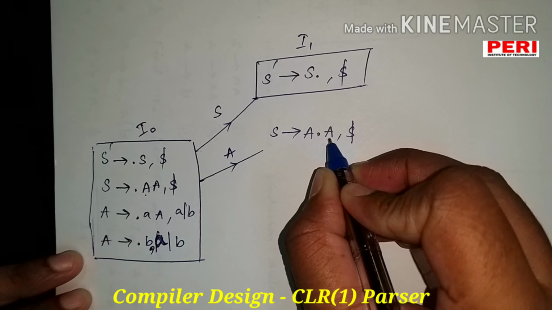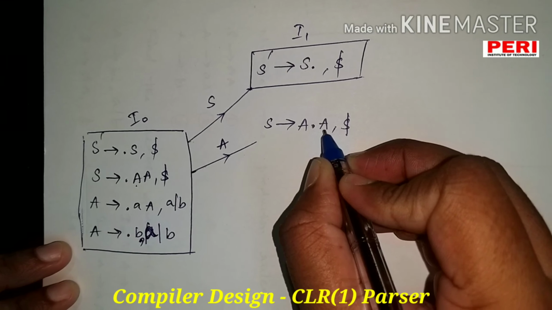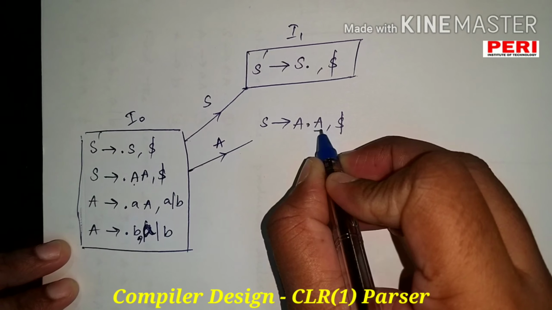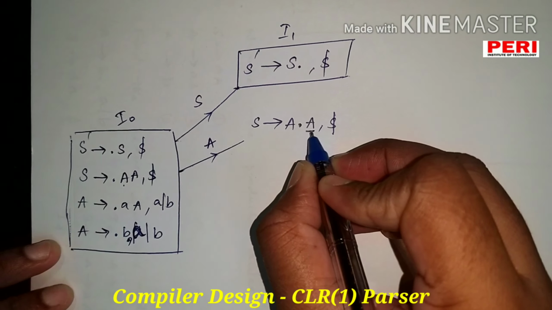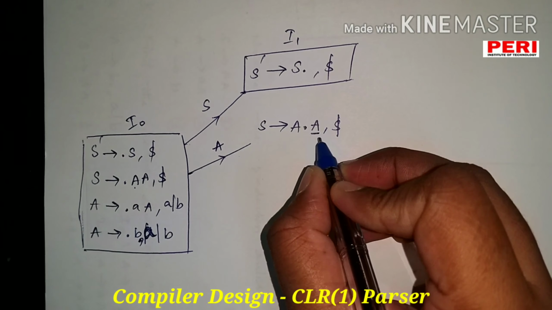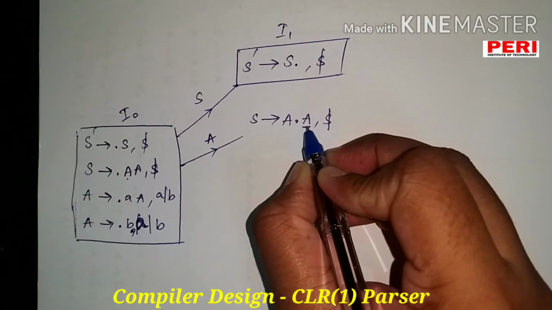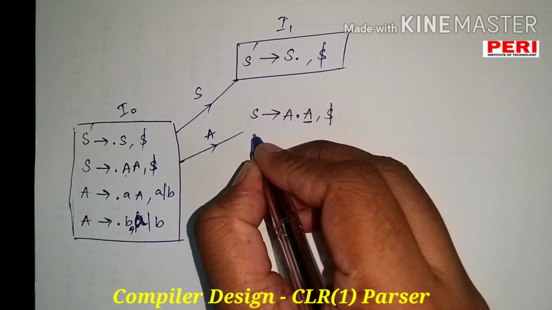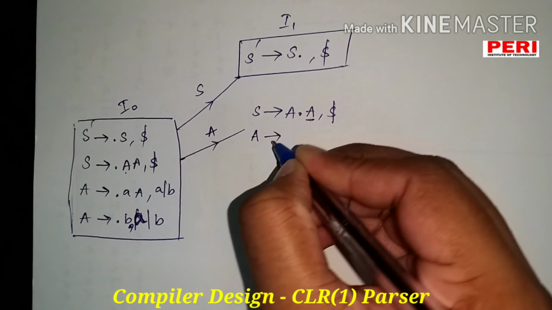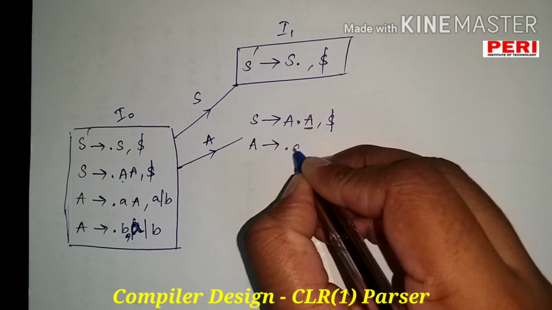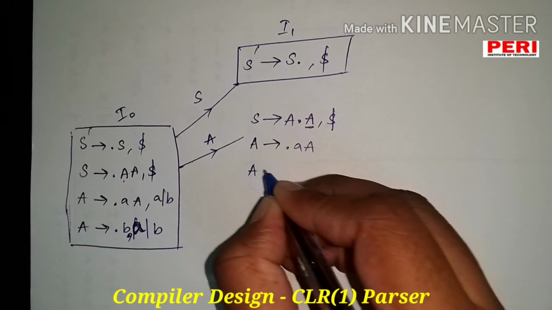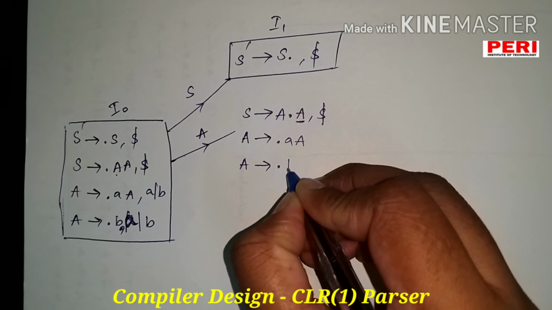Since you have a non-terminal next to the dot symbol, you have to add the productions of A. This is the common rule that you have studied in LR0 also. So when a non-terminal follows the dot, you have to add the non-terminal's productions. Therefore, A's productions are capital A tends to dot a capital A, and capital A tends to dot b.